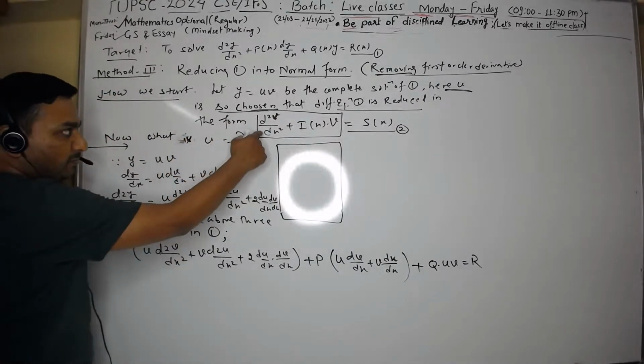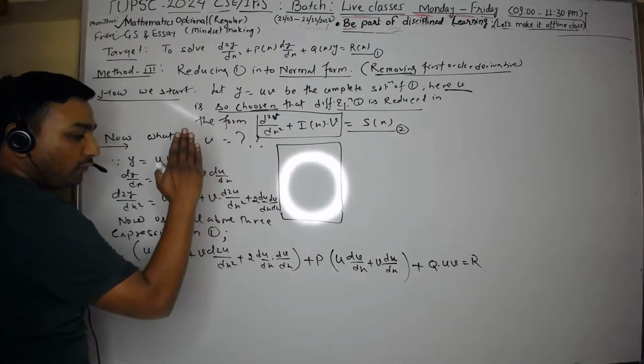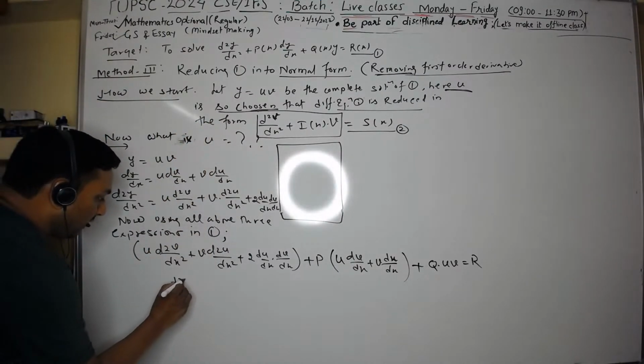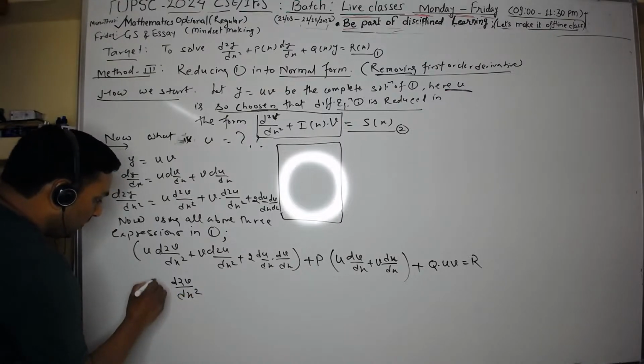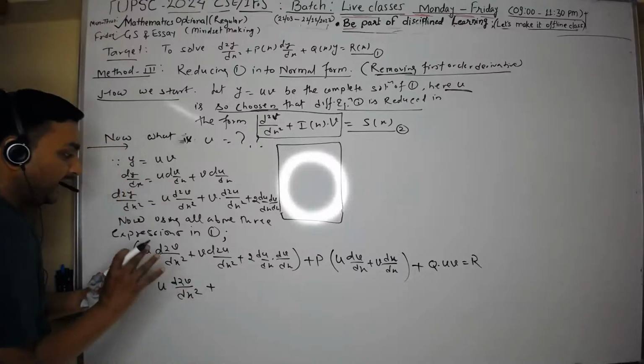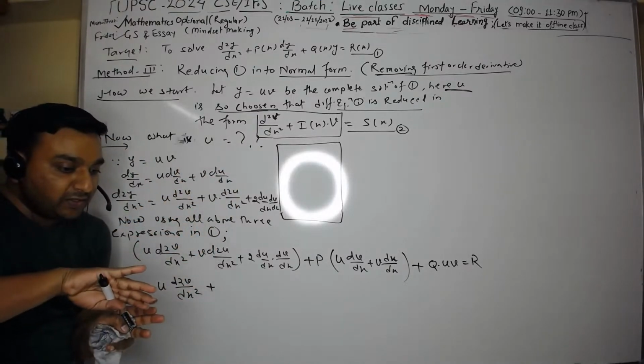please observe this expression and try to keep this expression in this format, right? Let's say d2v over dx square. Here it is u, right? I want dv over dx to be removed, right?